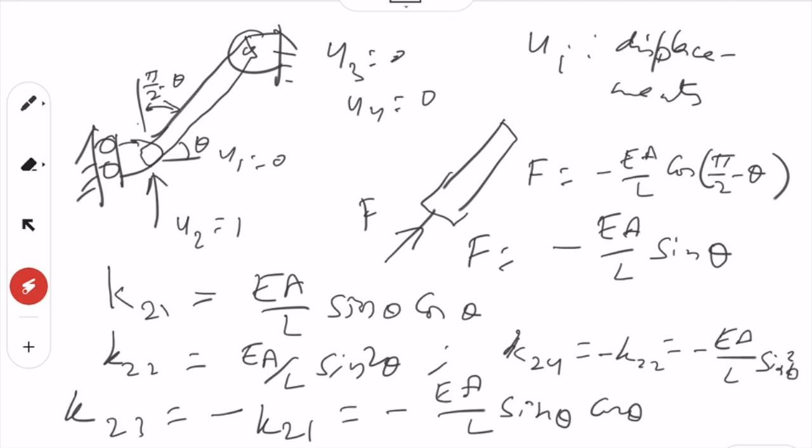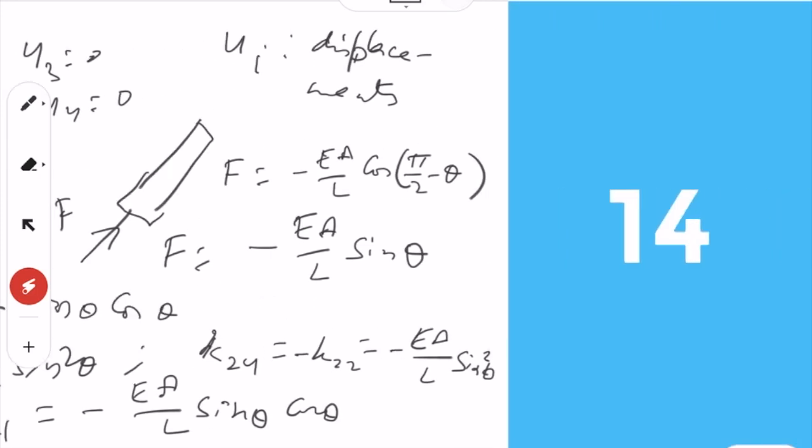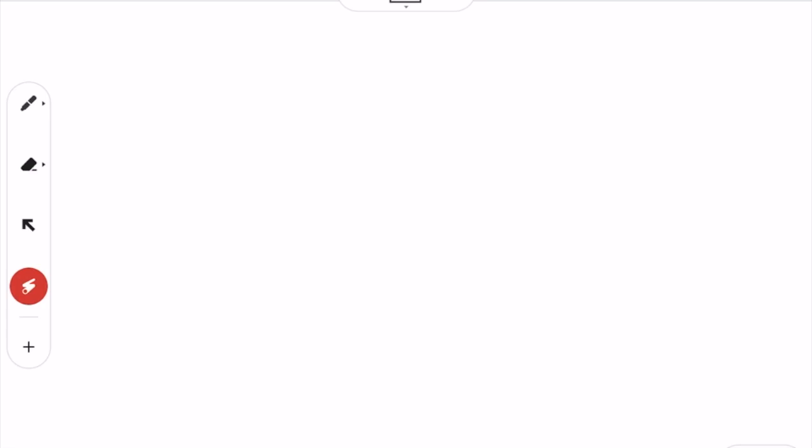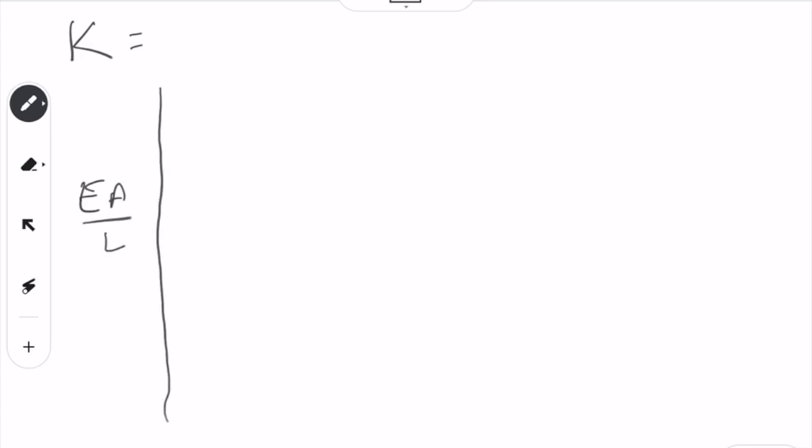So let's write, and accordingly we can find out. We can use some symmetry, and automatically we will be able to do it. So big K, the stiffness matrix for this one, will be equal to EA over L, which is common to all of them, so we write it like this.